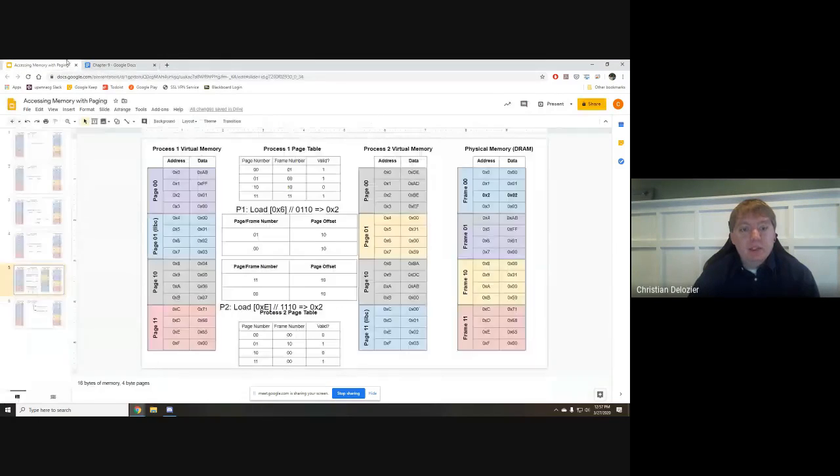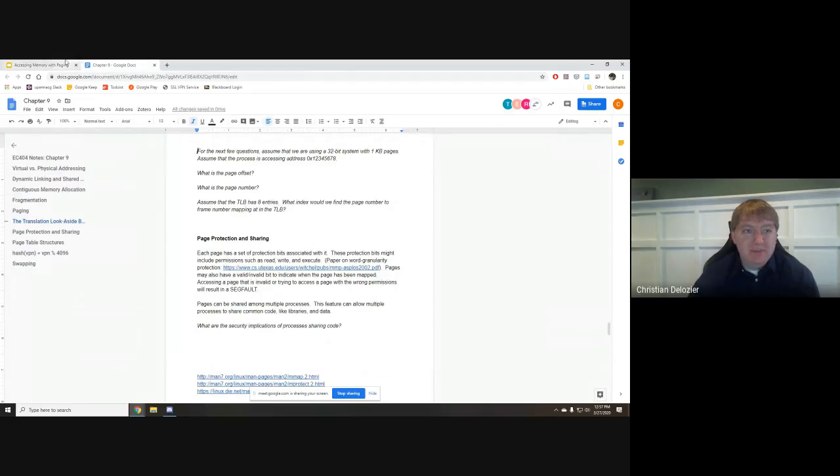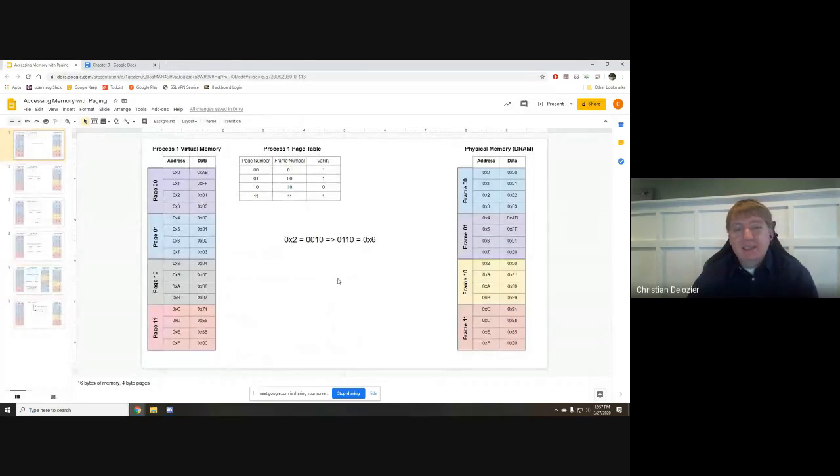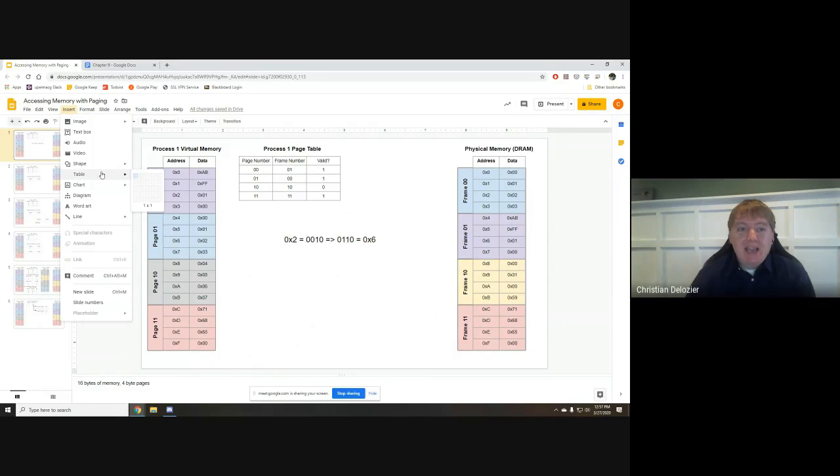Okay, so now let's talk about the TLB in context of this. So we had this original setup here that we have one process. It maps to physical memory somehow, and then we have this thing called the TLB, which is a cache.